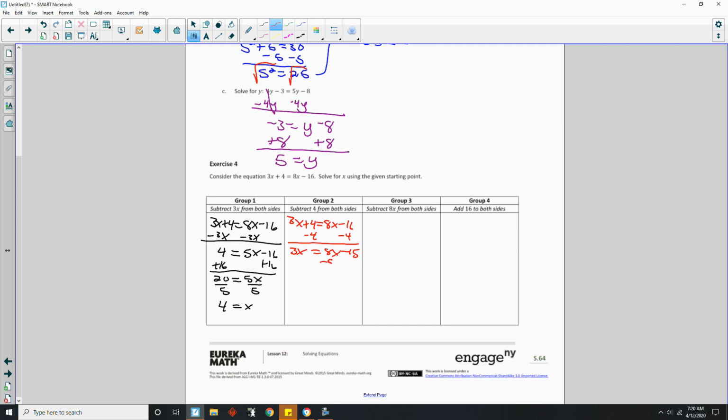And then if I subtract 8x from both sides, I get negative 5x equals negative 15. Then if I divide both sides by negative 5, I'll get x by itself. And I get x equals, negative divided by negative is positive, 15 divided by 5 is 3.